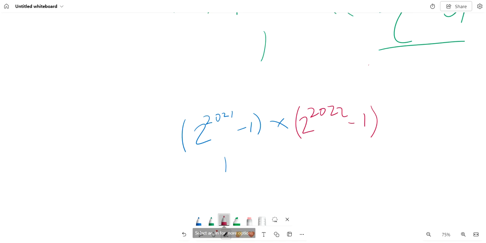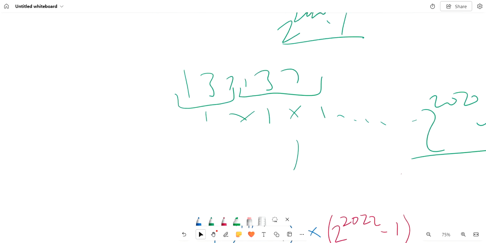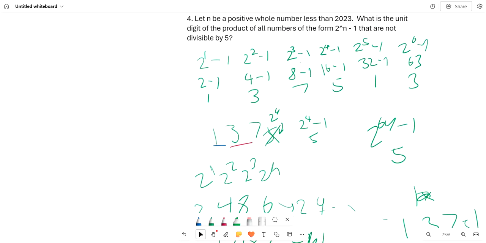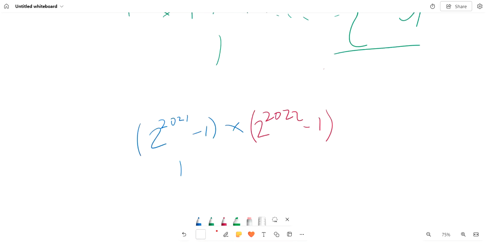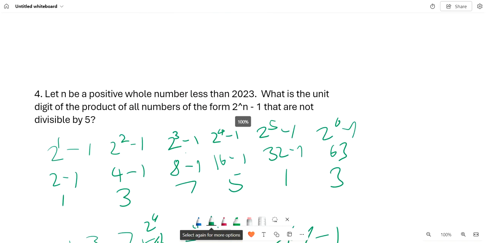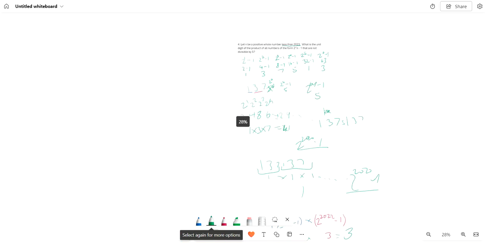And the second term of the sequence would just be 2 to the 2022 minus 1. That's just 3. So we multiply 1 and 3, and these multiply to 3. And the reason we don't include 2023 is because it says less than 2023. So the answer is just 3.